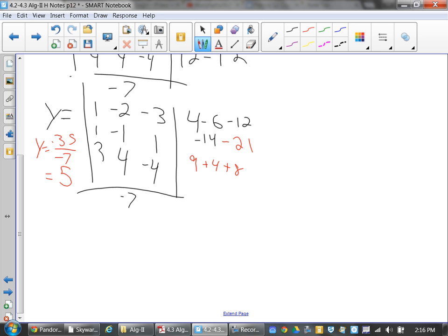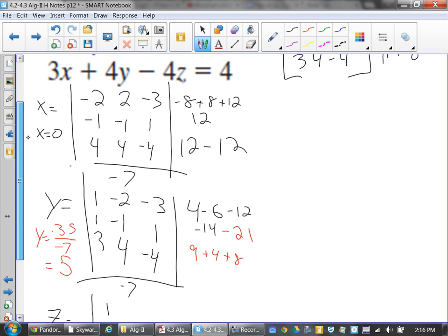So now you've got ordered pairs at 0, 5, and then move the solution column to the z values.